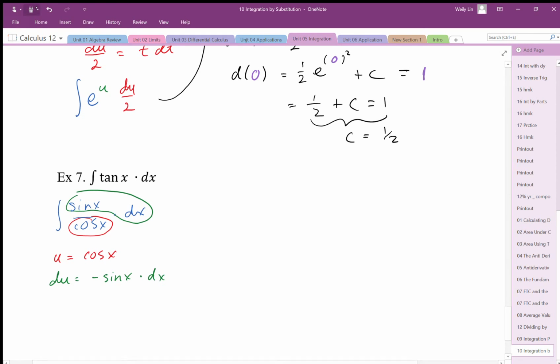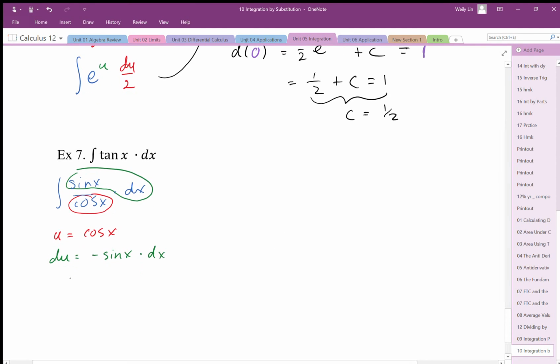When I apply my substitution, I'm going to have the integral of 1 over cos, or u. I'm going to write that as u. And then I'm going to replace the sine x dx. I don't want a negative in there, so I'm going to put the negative on the other side, and I'm going to replace that with negative du.